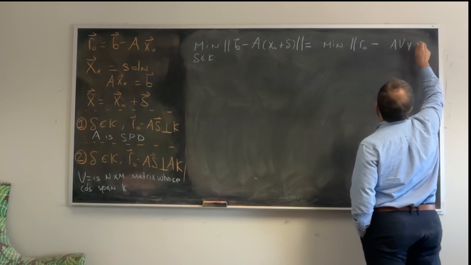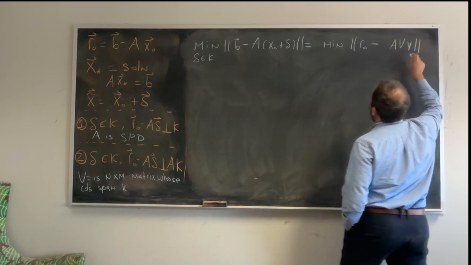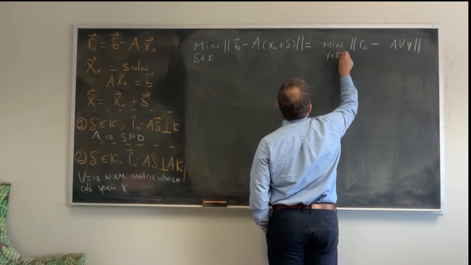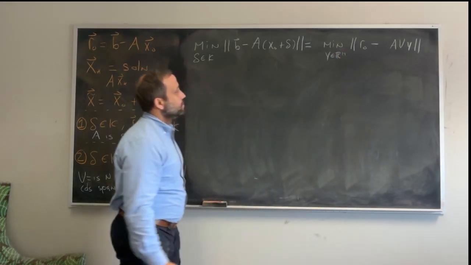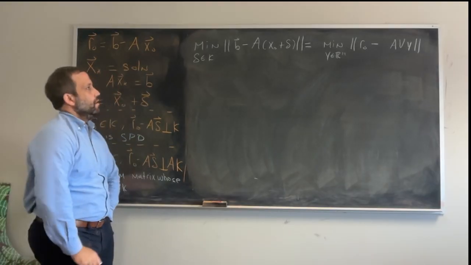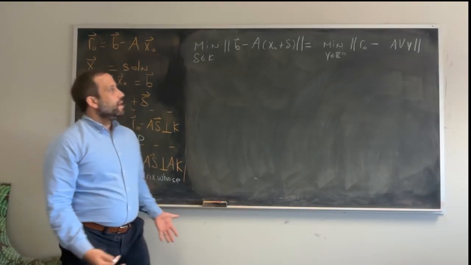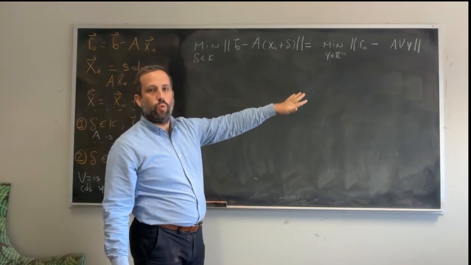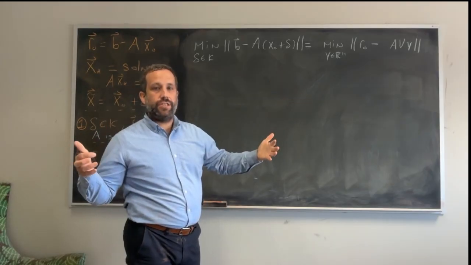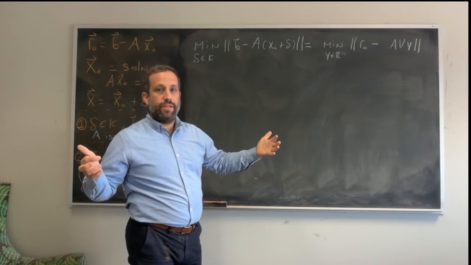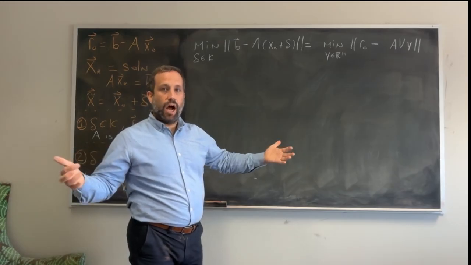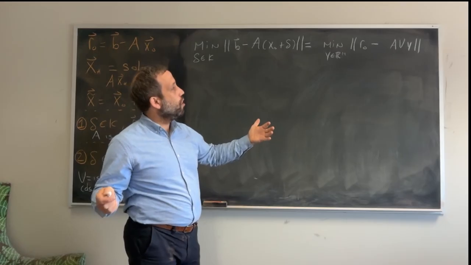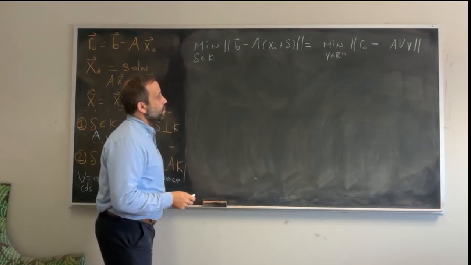So it's going to be A times V times Y, where Y is in R^m. Okay, and again, the whole reason is as Y runs through R^m, V times Y, you get all of the linear combinations of the columns of V, but the space K is spanned by the columns of V. That's how we were defining V. So as Y runs through R^m, V y runs through the space K.